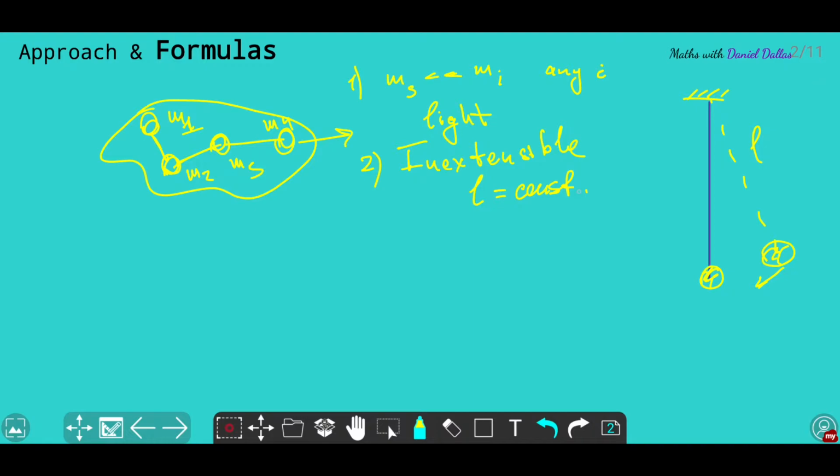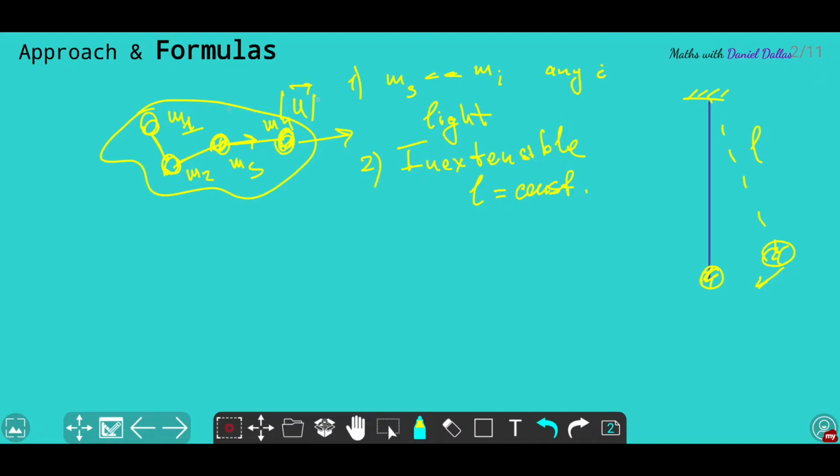So what does it mean? It means that if the first object moves with some velocity u, the object that follows the first one, which in this case is m4, will keep the same speed but probably a different direction of the velocity. The speed is going to be the same.